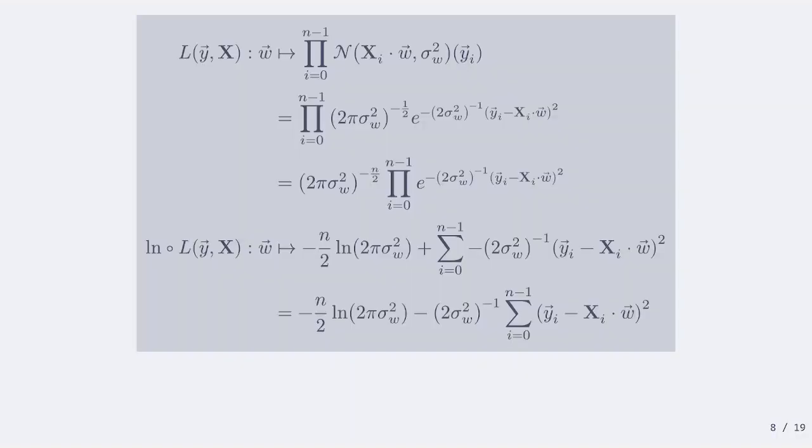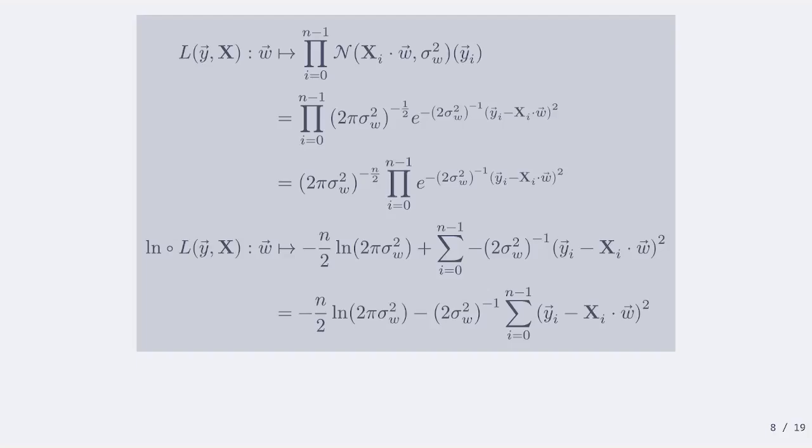So we start in the first line by unpacking our high dimensional shorthand into a product of independent normal Gaussians, and then we expand the Gaussian definition and pull out the constant factor.